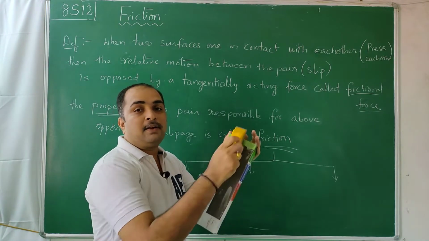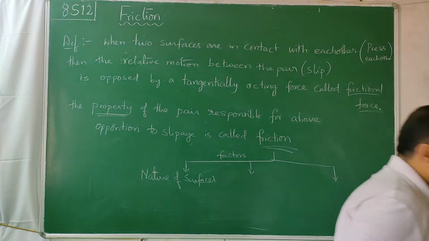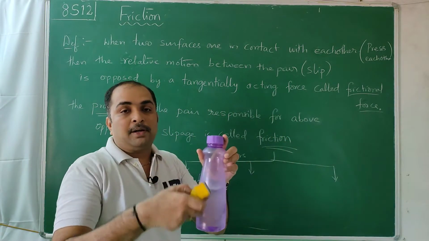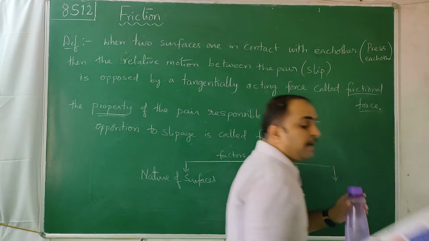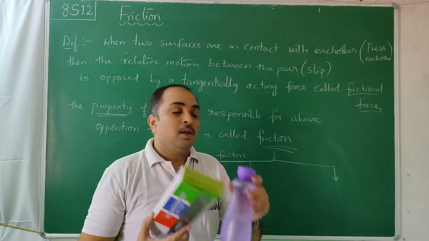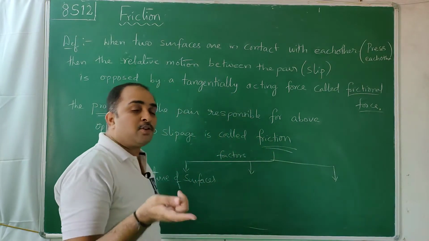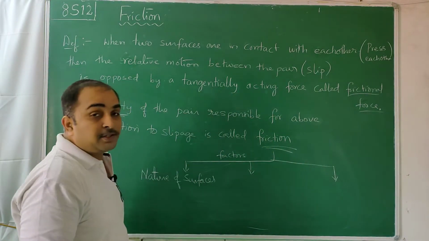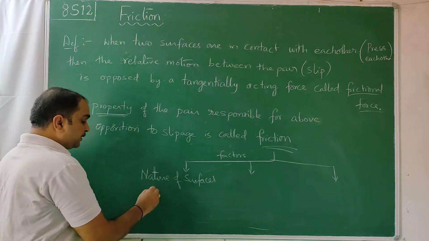So as you change the materials, whether any one of the pair changes or both, friction will change. So a factor affecting friction is the nature of surfaces in contact.